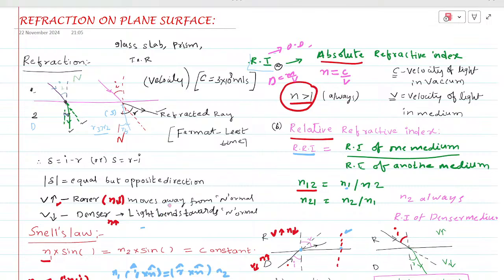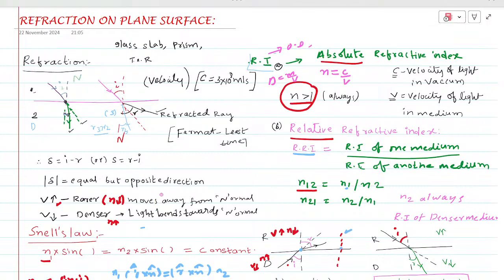If the optical density is more, that is called a denser medium. In some cases its mass density is also more, but not always. Kerosene has less mass density than water, but it is optically denser.